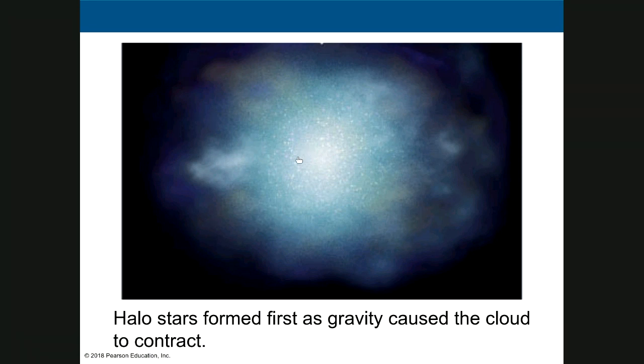I can tell you this, when I was in college, when I was your guys' age, galaxy formation was a huge active field. And from what I understand about astrophysics today, it's still very active and new things are being discovered.